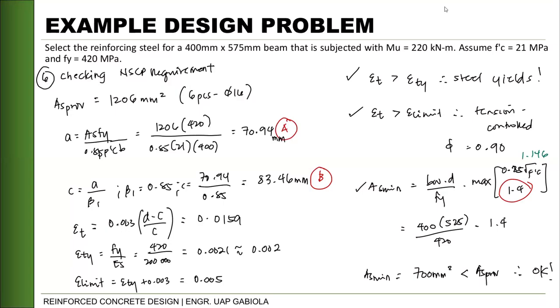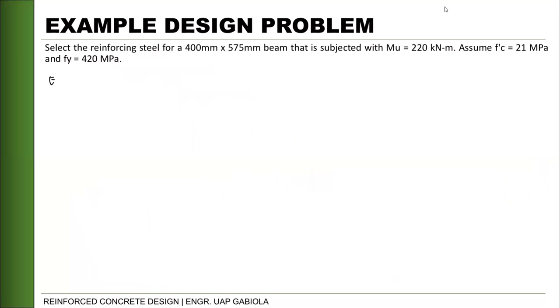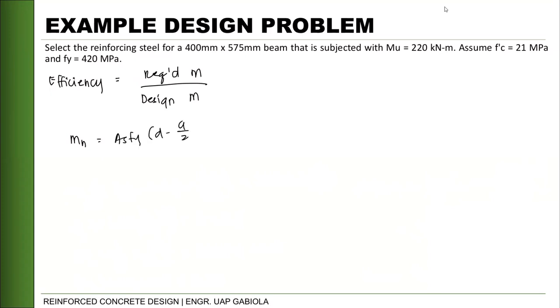Ang next step is to calculate for our efficiency. Okay? Again, the formula is yung required moment natin over yung design moment natin. Okay? For design moment, we can calculate that as As Fy (d - a/2).